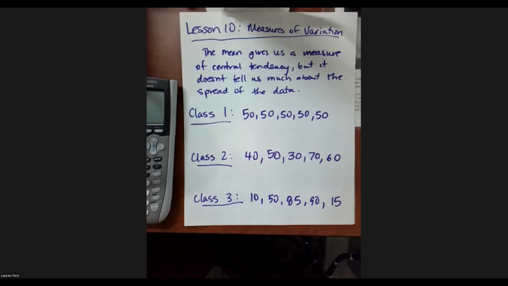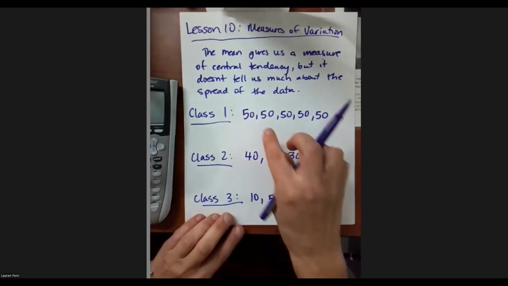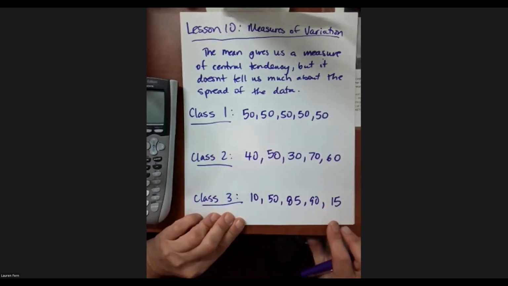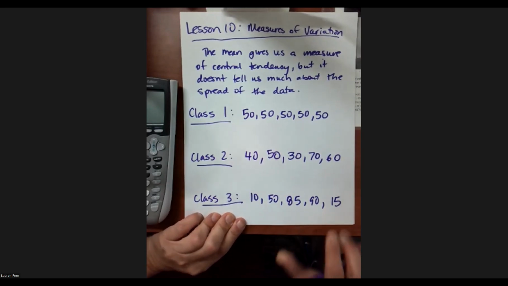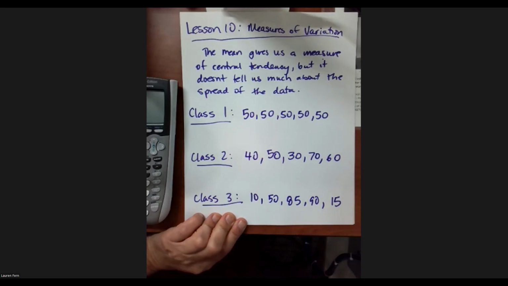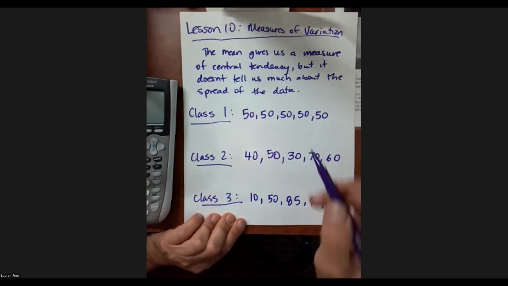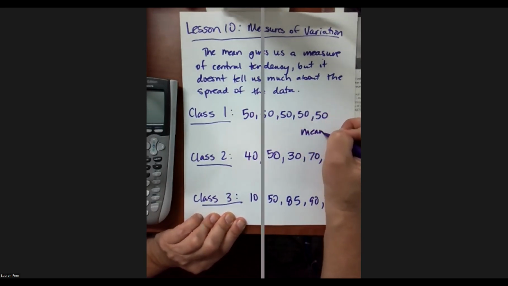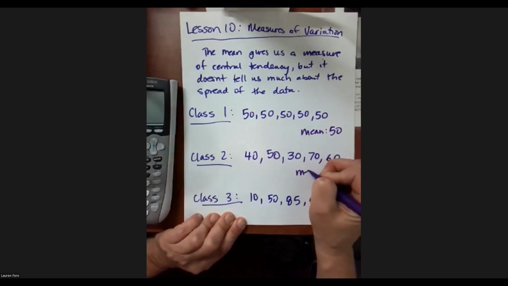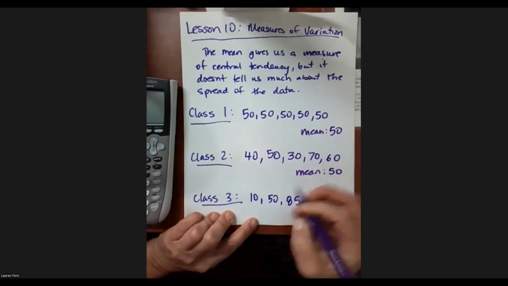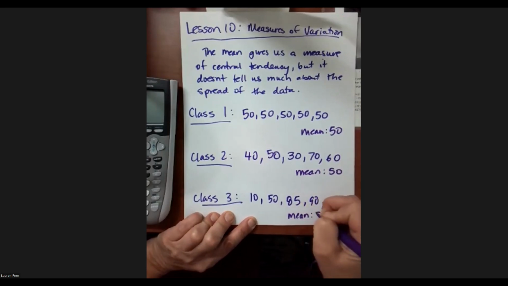Okay. What I want to tell you is these 3 classes look very different in terms of their test scores. But if all I care about is the class average, guess what? The mean, the class average of all of these 3 classes is exactly the same.